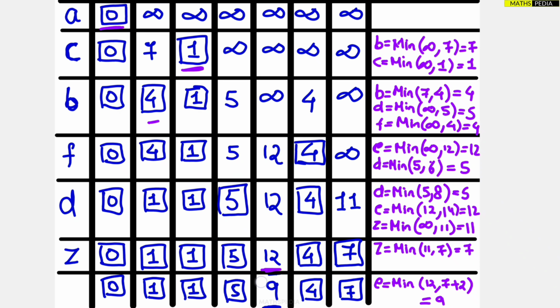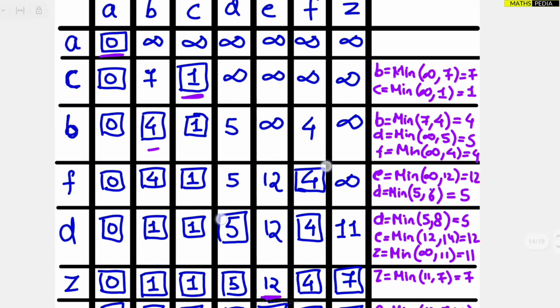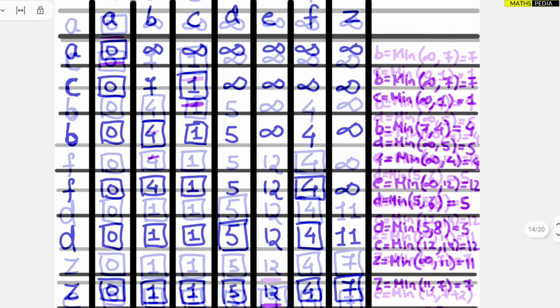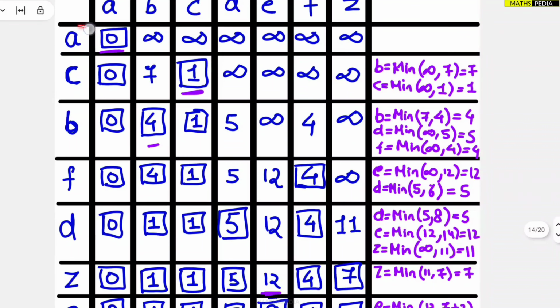Just directly write the 9, it also becomes the new permanent label, which represents which variable? The E variable. That was the left out variable E. Okay, so everything has got the values. Now we have to consider what? As they have said, from A to other vertices we have to consider the shortest path, right? So in this problem I'll tell you one method to calculate A to E.